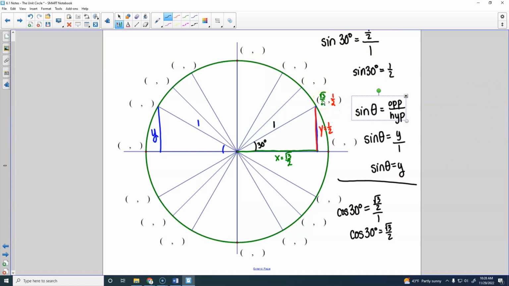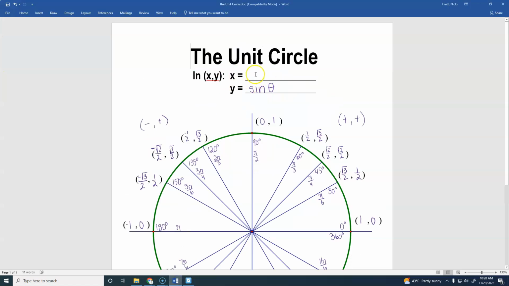If we do it more generally, like we did before, cosine of theta is always going to be the x coordinate over 1, which means cosine of theta equals your x coordinate. Okay, so up here at the top of your unit circle, we'll put cosine of theta for your x.